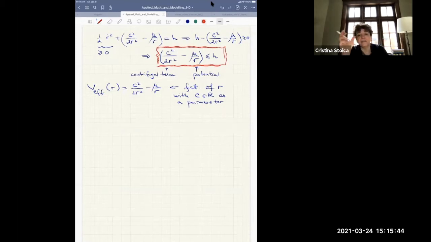Remember, r is the distance from the satellite to the center of the Earth. So first do c equals 0 and plot this thing. If I plot that inequality, we have a picture that kind of looks like this. So this is V effective of r, and this is r.